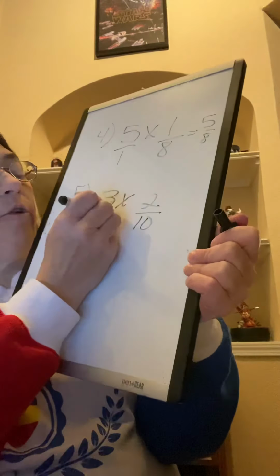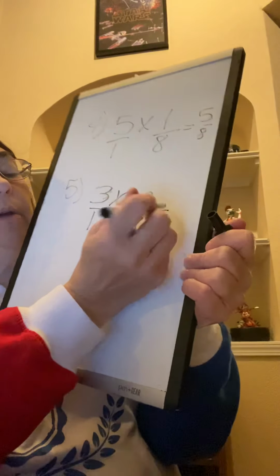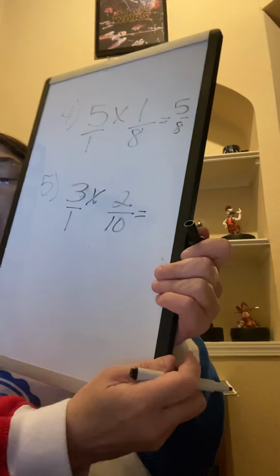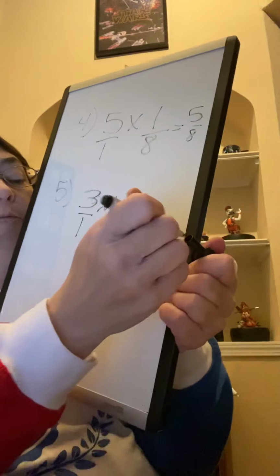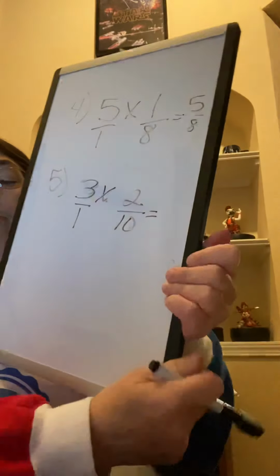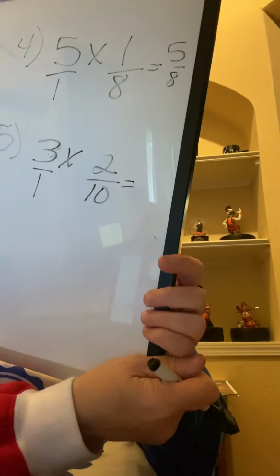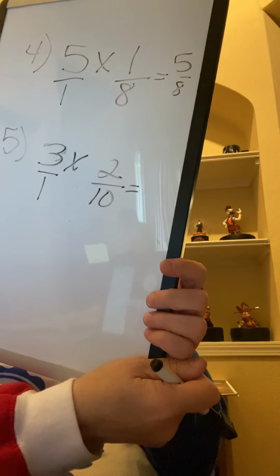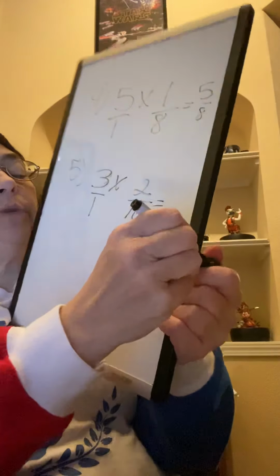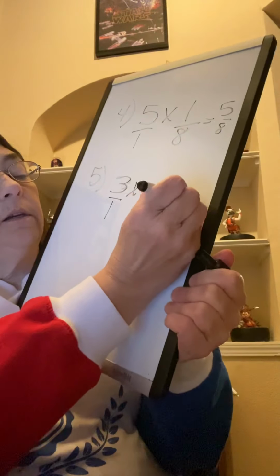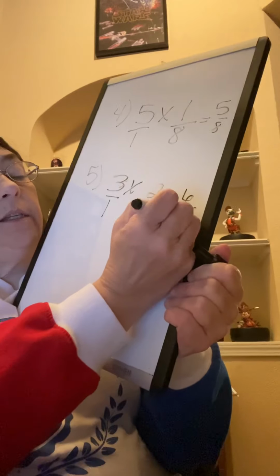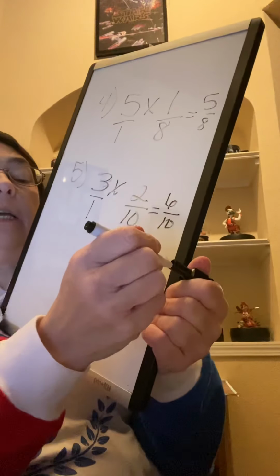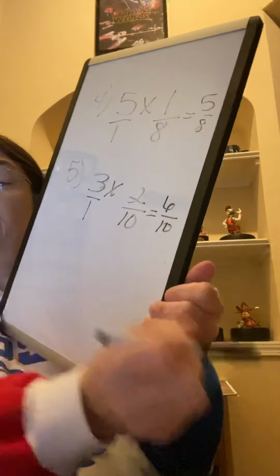Put the 3 over a 1 and multiply. Everybody multiply that right now. All right, so 3 times 2 is 6. 1 times 10 is 10. Do I need to change that? No.